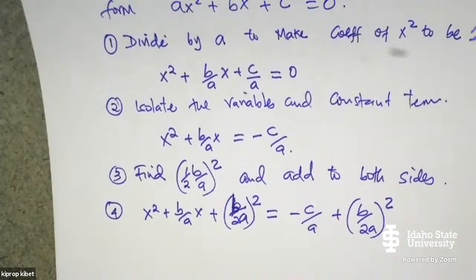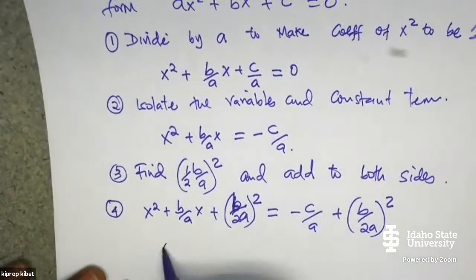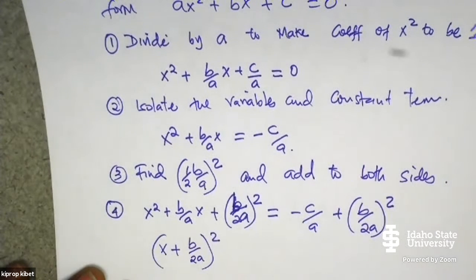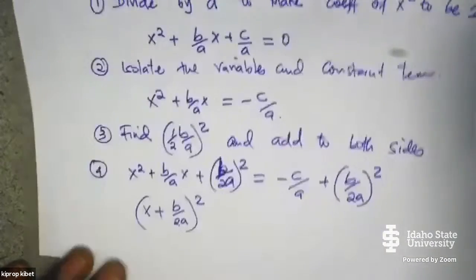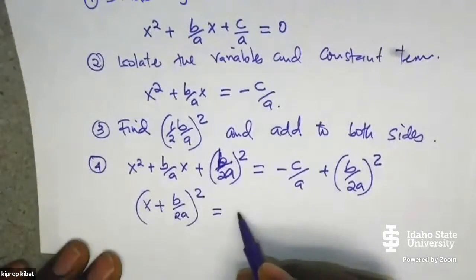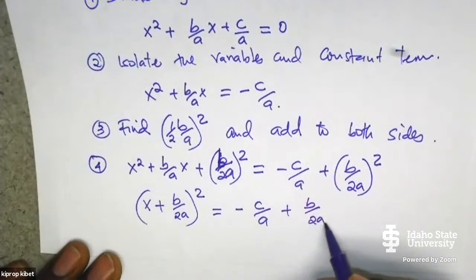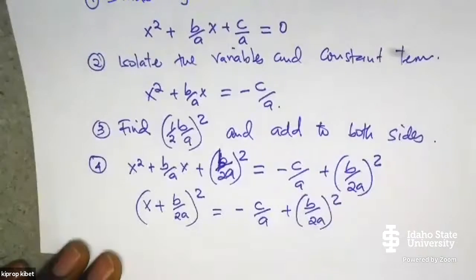Now we write it in binomial, which will now be x plus b all over 2a squared, which is equals to minus c all over a plus b all over 2a squared.